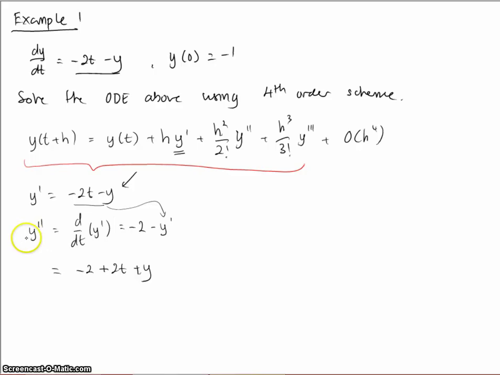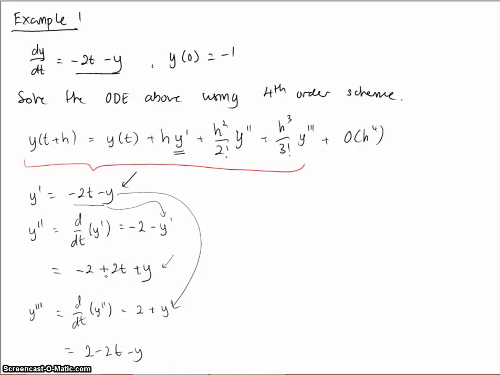I can do the same thing for my y triple prime. It is just the derivative of your y double prime with respect to t. If I differentiate y double prime with respect to t, I get 2 plus y prime. And if I substitute y prime back in, I get 2 minus 2t minus y.